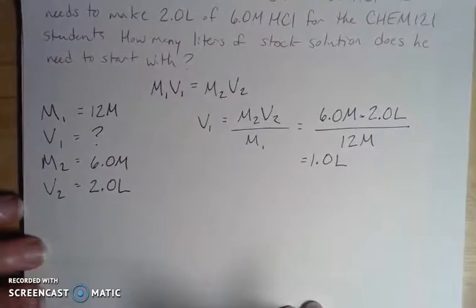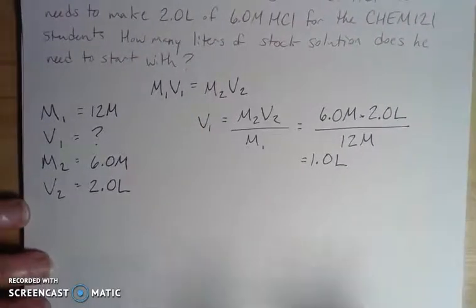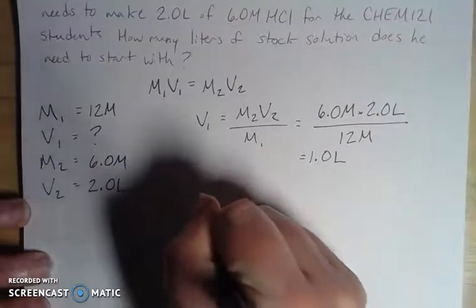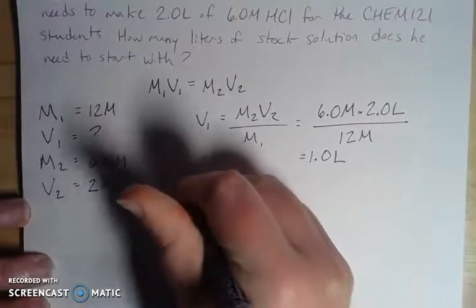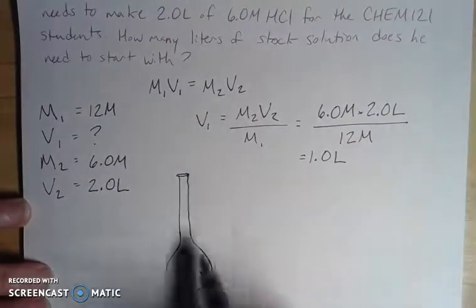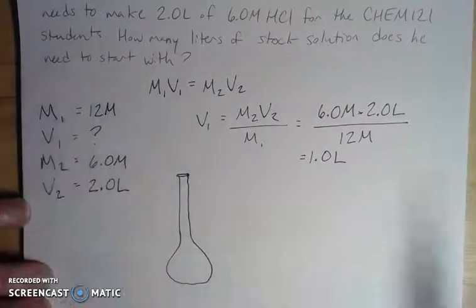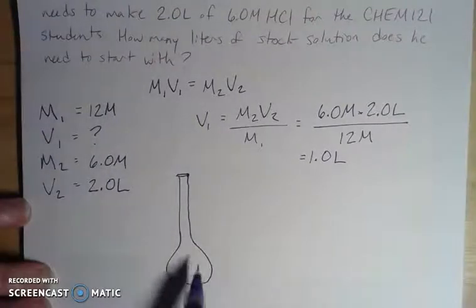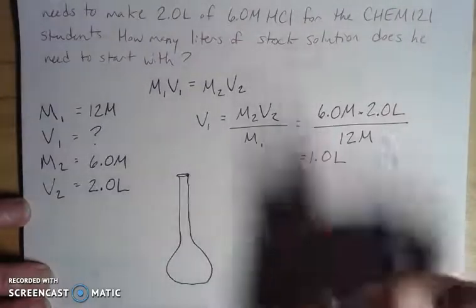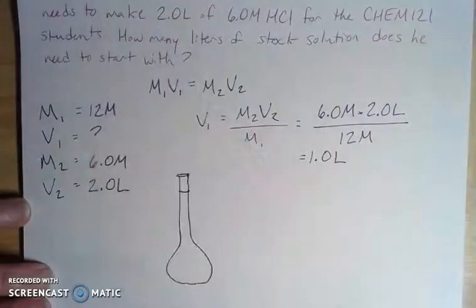Now, how would he go about physically making this? We have some cool glassware in chemistry called volumetric flasks, or volumetric glassware. And it's neat looking because unlike our beakers and our Erlenmeyer flasks that have wider mouths and lots of graduations on them, a volumetric flask has a bulbous end, and all of the volumetric glassware has a bulbous part to it and 1 line, and that 1 line is super precise and tells you the exact volume at that line.